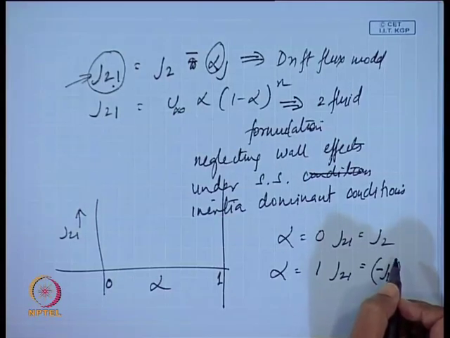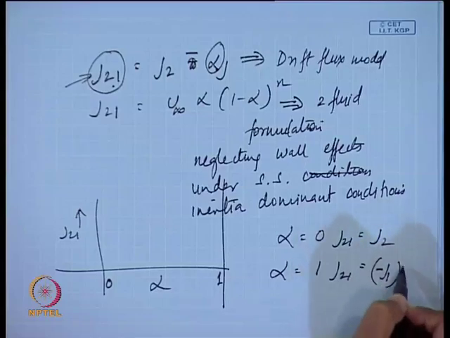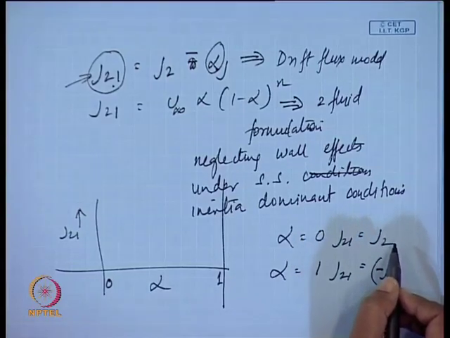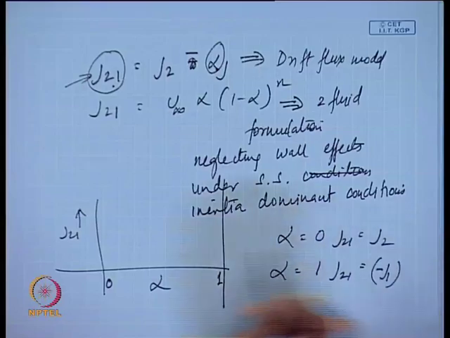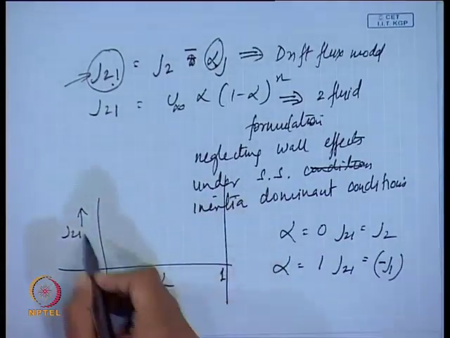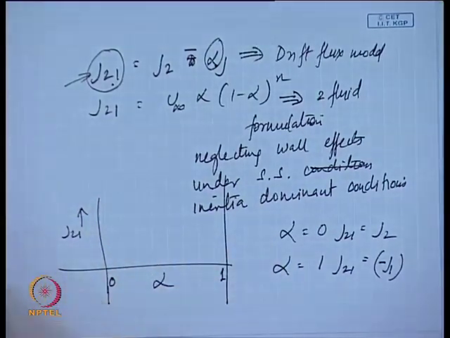You will have different types of curves depending upon whether both J2 and J1 are positive, that means co-current upflow, both J2 and J1 are negative, that means co-current downflow, or else one is positive and one is negative. Depending on that, you will have different curves in different quadrants.